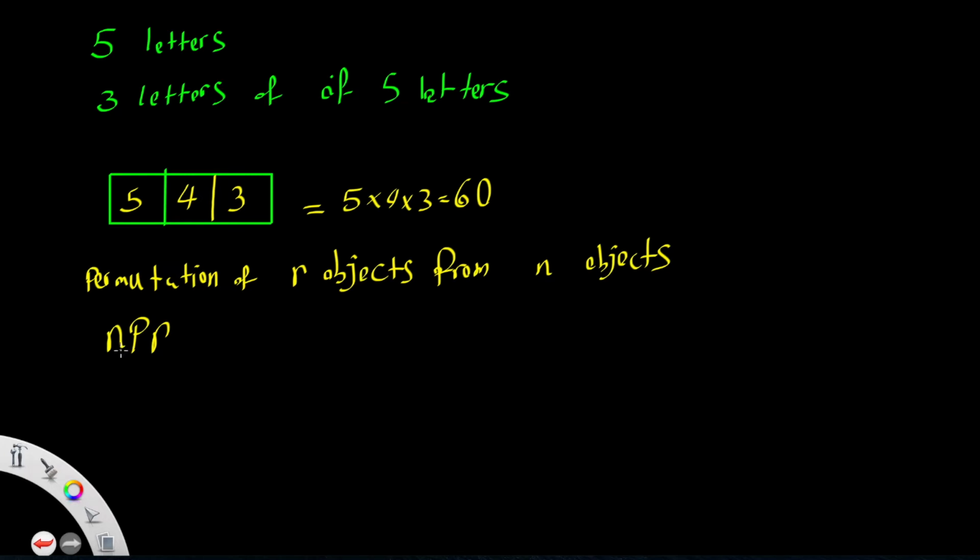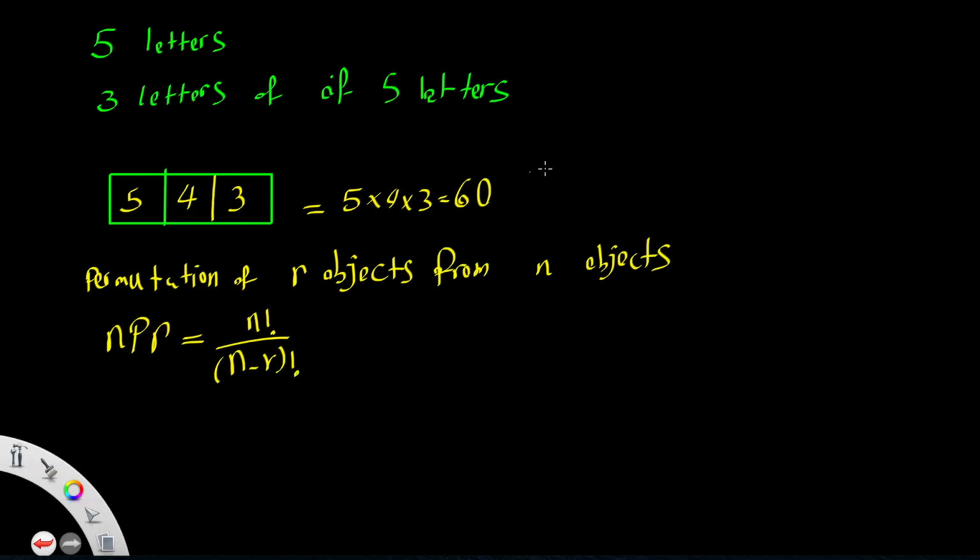N is the total number of objects and R is the number which are going to be selected. You have the key in your calculators, so you can easily calculate without knowing the formula and definition. You can enter N and R in your calculator and it will give you the number. But NPR means N factorial over N minus R factorial.